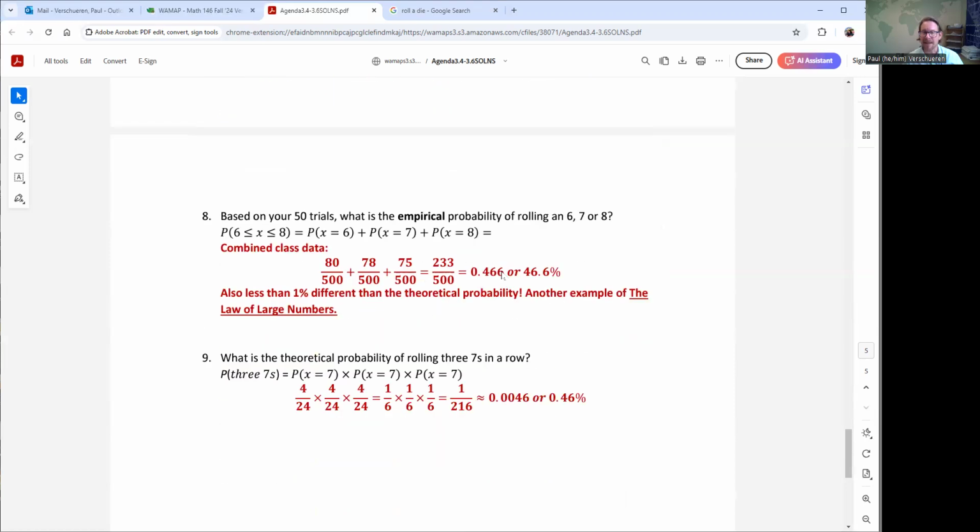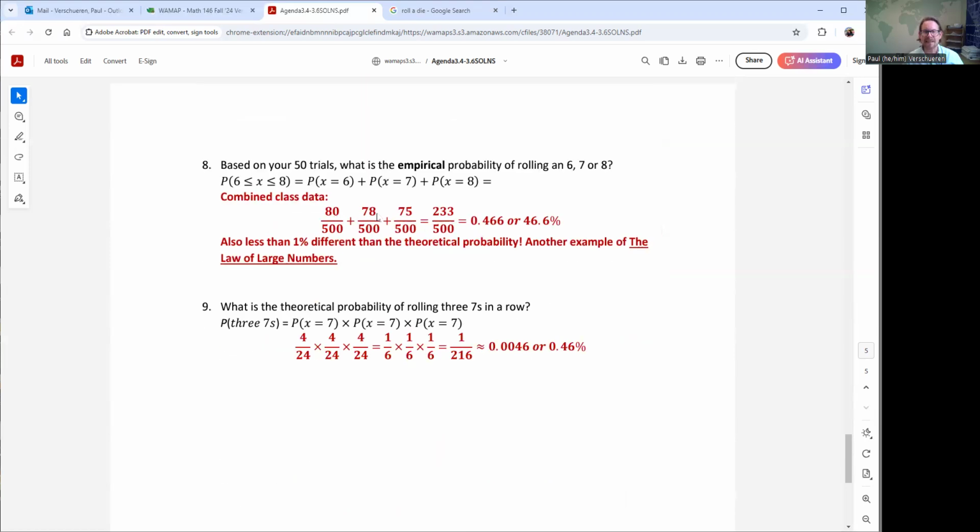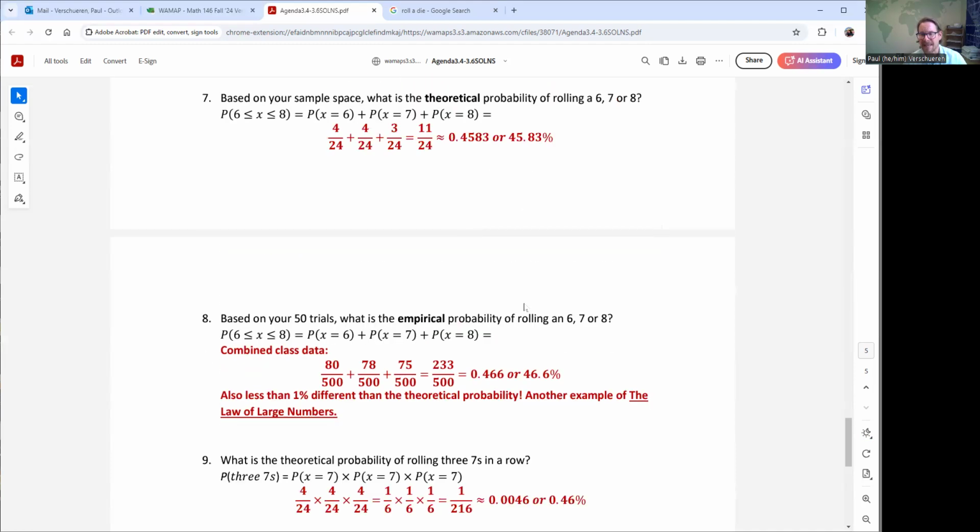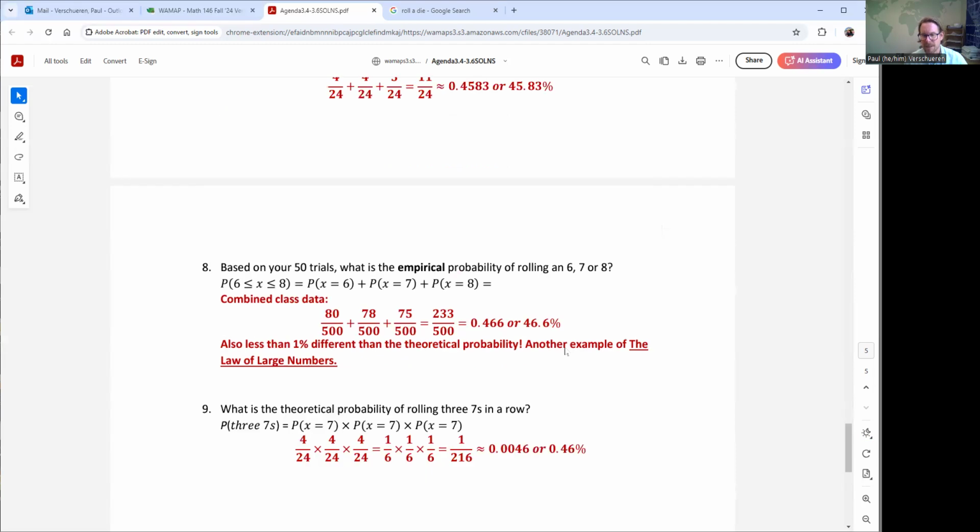Using our class data, there were 80 sixes, 78 sevens, and 75 eights, so there were 233 sixes, sevens, or eights out of the 500 rolls. That's about 46.6%, which is very close, less than 1% away from the theoretical probability. So it's another example of the law of large numbers. Even though your individual data didn't necessarily work out super close to the theoretical probability, when we combine our data, we see it getting a lot closer.